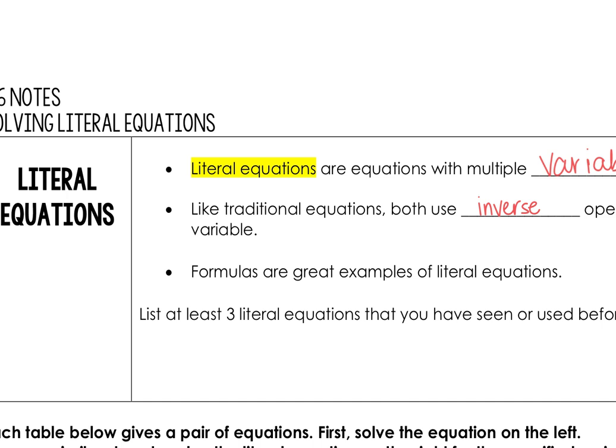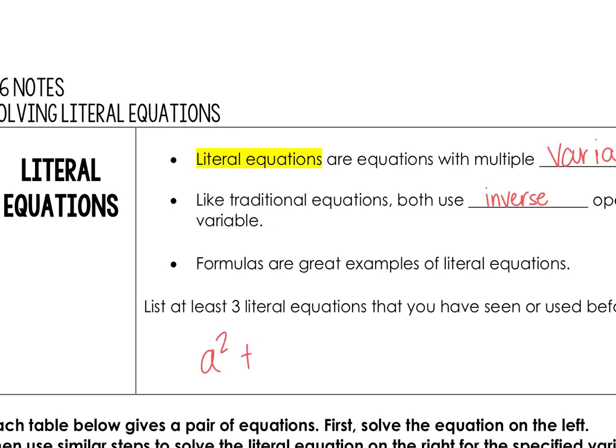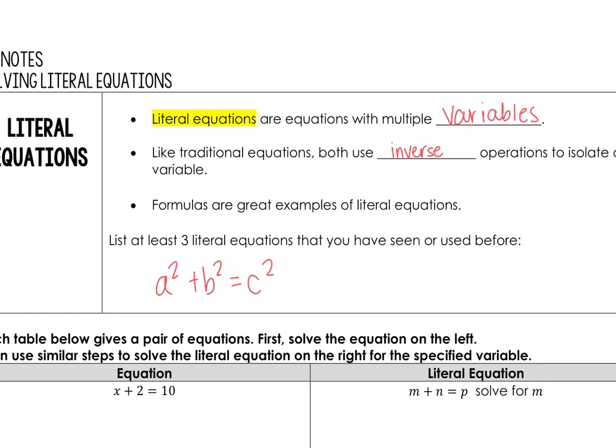I feel like you're thinking maybe the Pythagorean theorem. A squared plus B squared is equal to C squared. Yes, that has 3 different variables, A, B, and C. Okay, that's good.